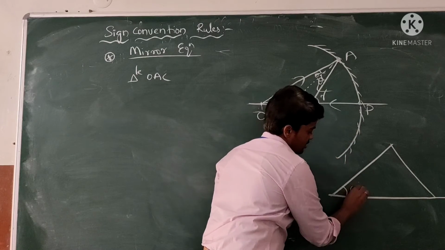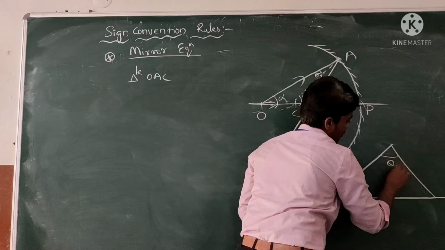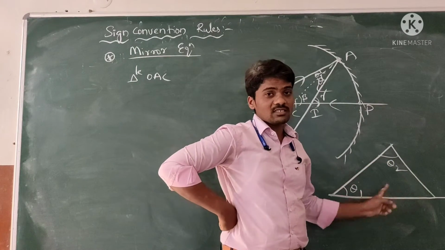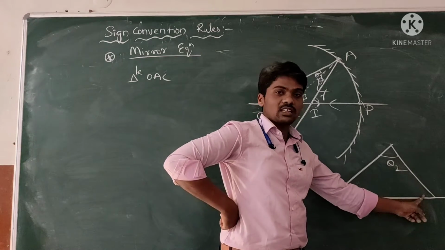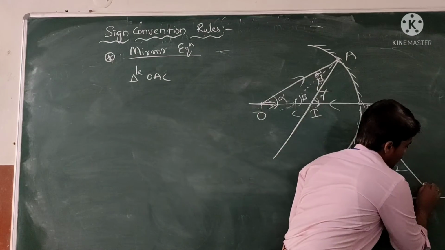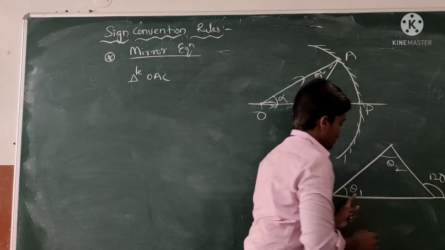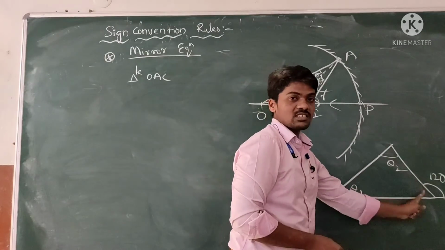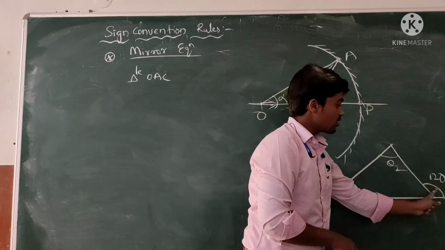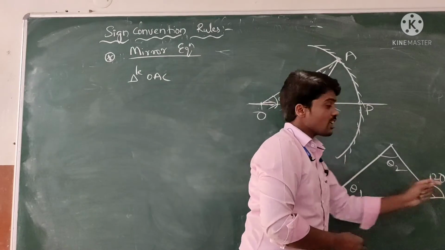Here an angle is theta 1, here is theta 2. Here is an equilateral triangle. An equilateral triangle has 60, 60, 60. How much is this angle? It's 120. For example, here it is 60, 60, 60. In an equilateral triangle all are equal. Here the angle is 120. Here also the same.